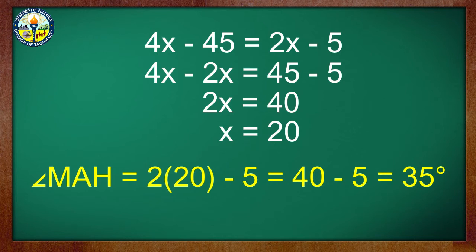Therefore, the measure of the angle MEH is 35 degrees. We can also use this value to find the other angles. Using property number 2, if angle MEH is 35 degrees, then angle HTM is 35 degrees.